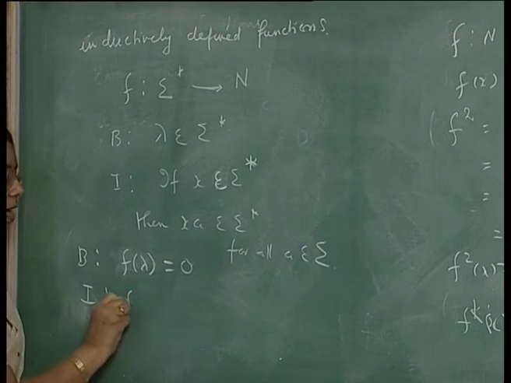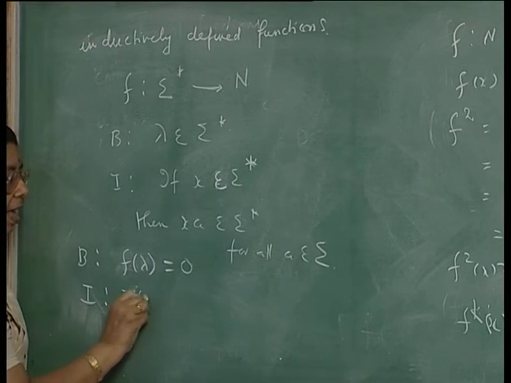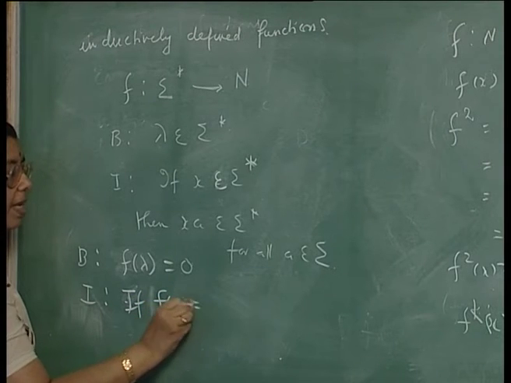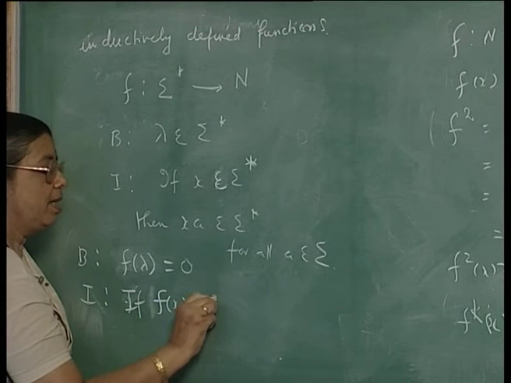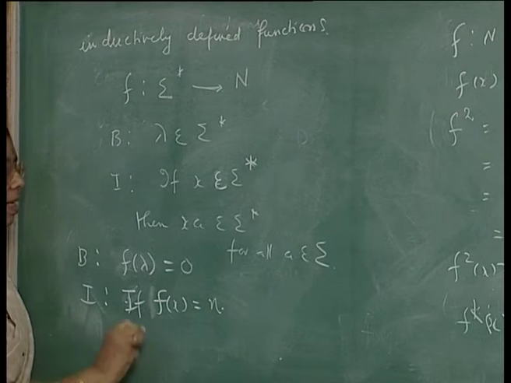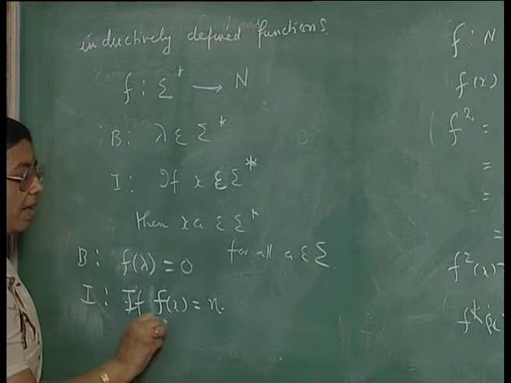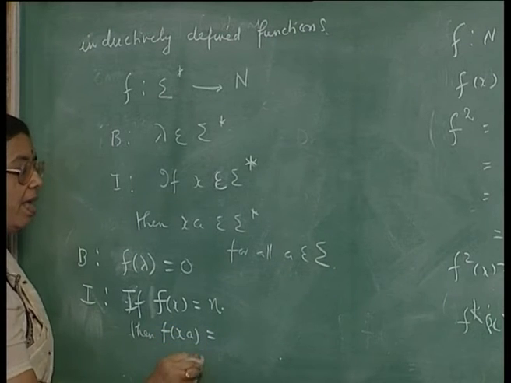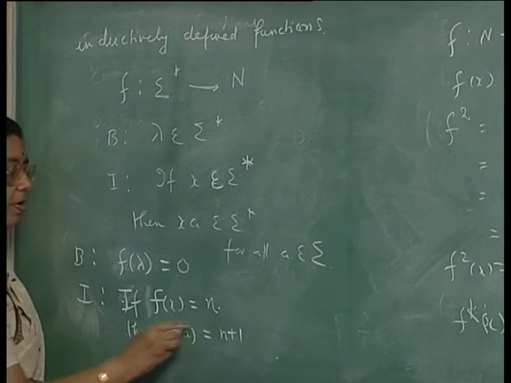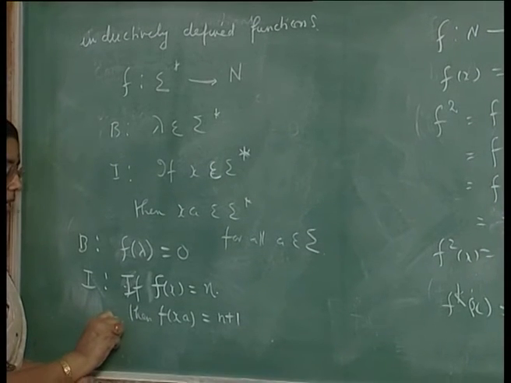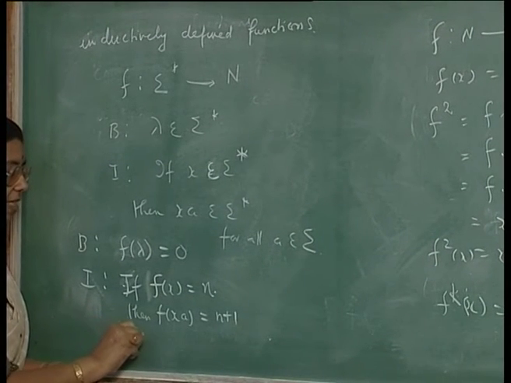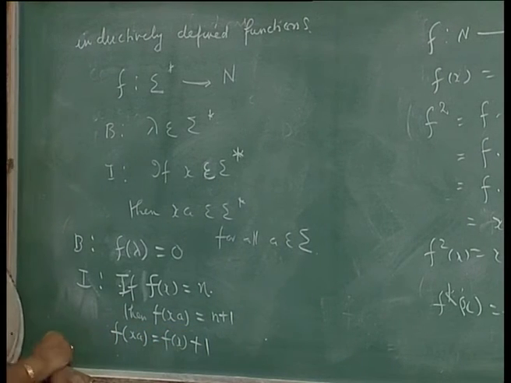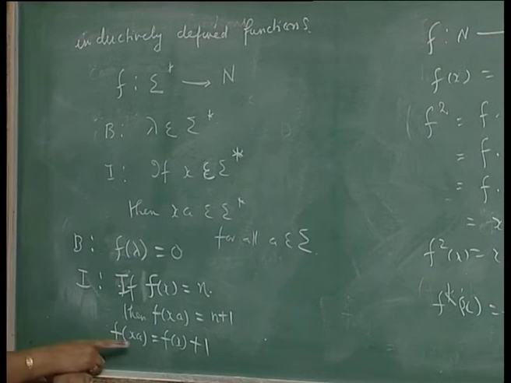So, if f of x is equal to say some n, then f of xa will be n plus 1. This is what you want to say, or you can say in an easier way, f of xa will be f of x plus 1. Okay. You can define like this.